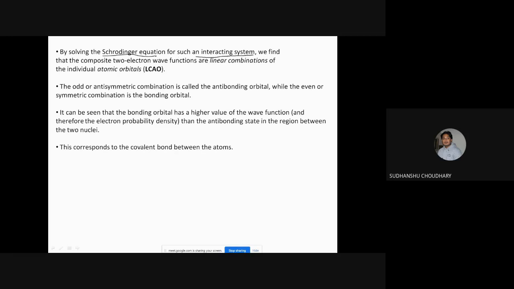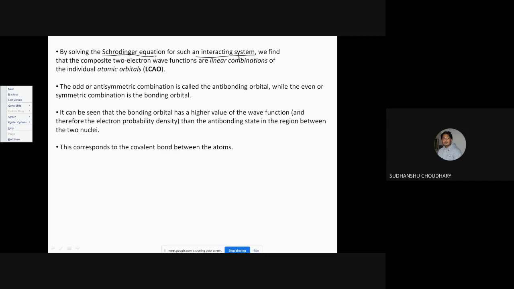That means one has to solve the Schrodinger equation for an interacting system. Interacting system means there are many electrons, and those electrons interact with each other. Because atoms are in close proximity, their electrons will interact with each other, that is, the electronic wave functions will overlap each other.